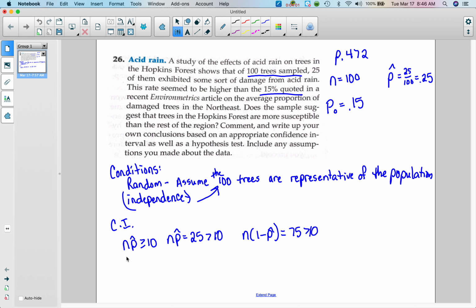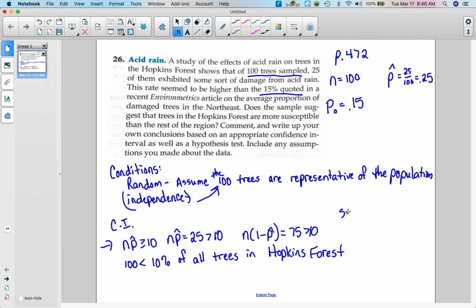And then for large enough but not too large, we're going to say that 100 is less than 10% of all trees in Hopkins forest.